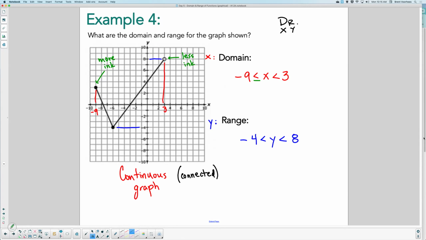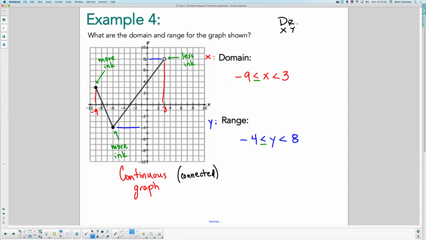Okay, so now let's do more ink, less ink. On the -4, does this point right here, the minimum, which is what you call the bottom, have more ink or less ink? More, which means what for my symbols? Put the line under the -4. 8 is the maximum, the very highest point.